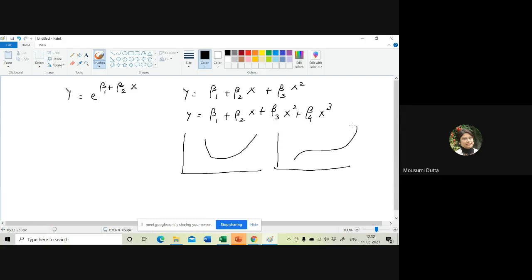So regularly we are using this kind of shapes. So all these are linear. Remember these things: as long as your structure is linear in terms of parameters, consider these models as linear models.